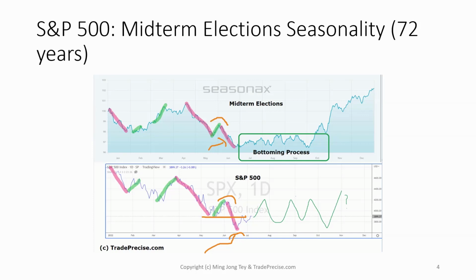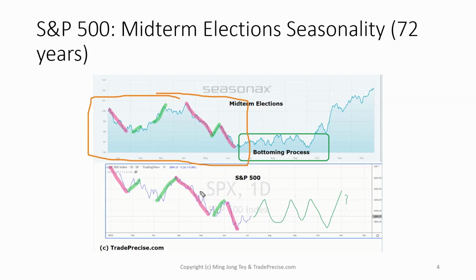So based on the seasonality chart, you can definitely see that the first half of the year works extremely well. If you just follow this midterm election seasonality chart as a blueprint at the start of the year, it'll probably be quite easy to do the swing trading.